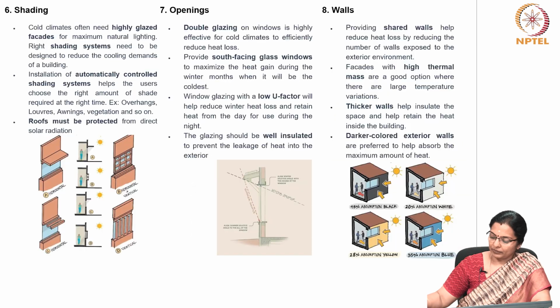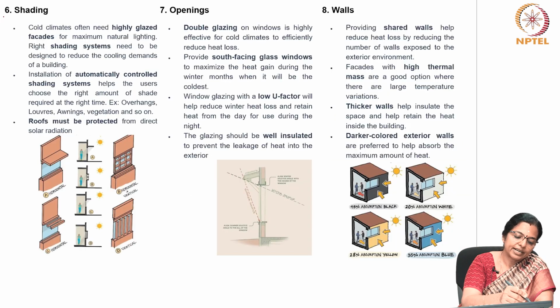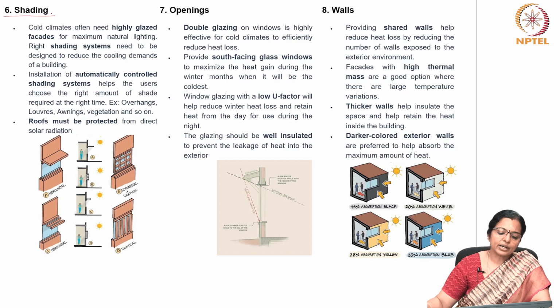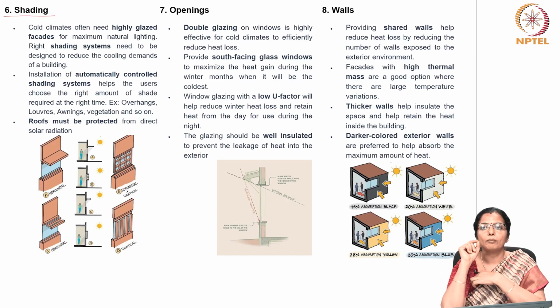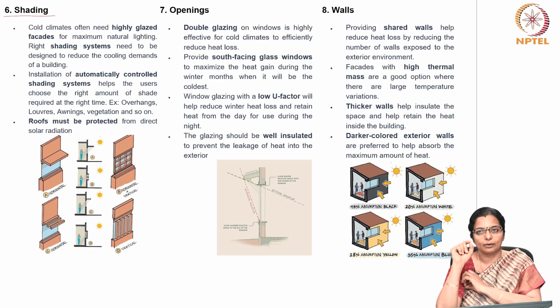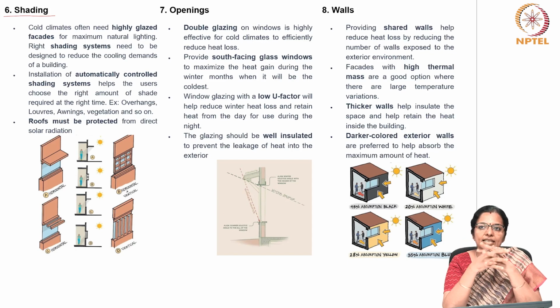Next is shading. Cold climate often needs highly glazed facades for maximum natural lighting. Right shading systems need to be designed to reduce the cooling demands of a building.